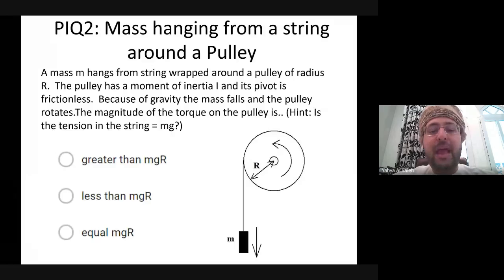A mass M hangs from a string wrapped around a pulley of radius r. The pulley has a moment of inertia I, and its pivot is frictionless. Because of gravity, the mass falls and the pulley rotates. The magnitude of the torque on this pulley is what?